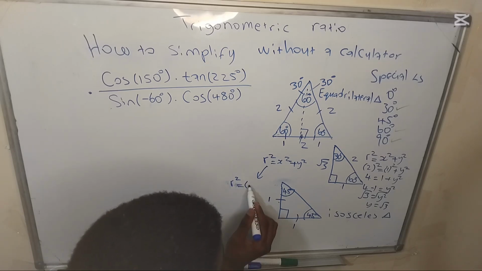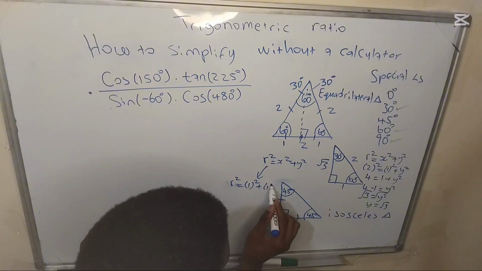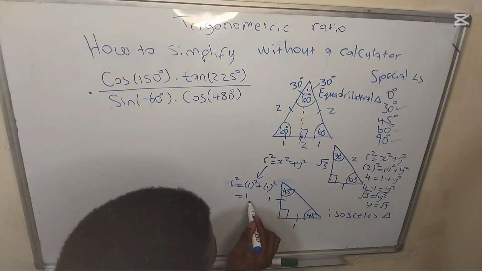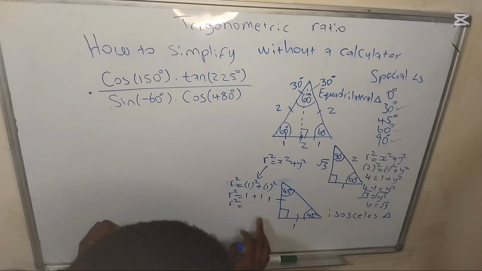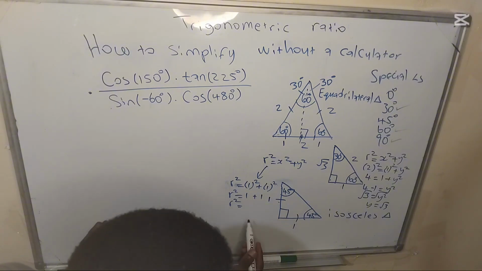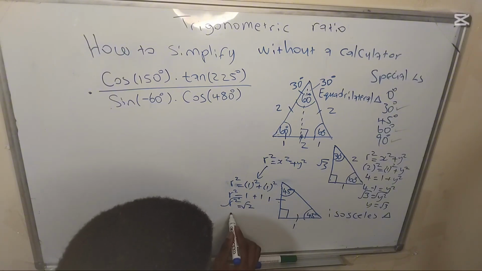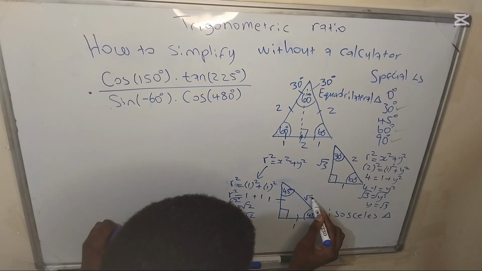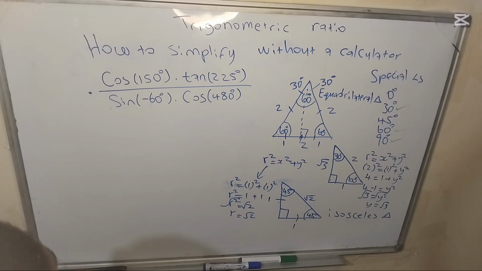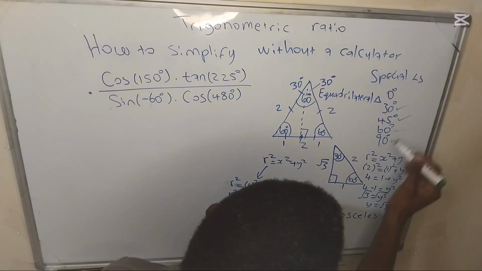Our x is equal to 1 squared plus our y is equal to 1 squared. Then 1 squared is 1, plus 1 squared is 1, so r squared is equal to 1 plus 1, which is equal to 2. Then take the root of both sides. Our r is equal to root 2, which means this side is equal to root 2. Meaning that now we have our angle of 45 degrees.